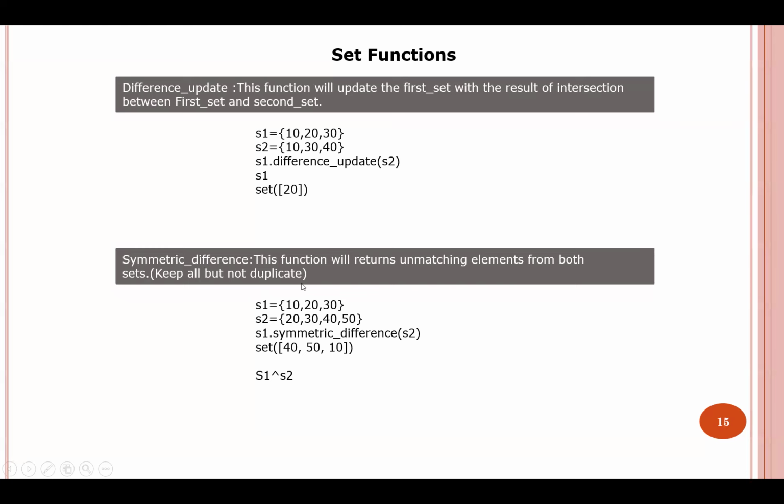Symmetric difference means this function will return the unmatched elements. Very simple. Like here, S1 is equal to 10, 20, 30 and S2 is equal to 20, 30, 40, 50.